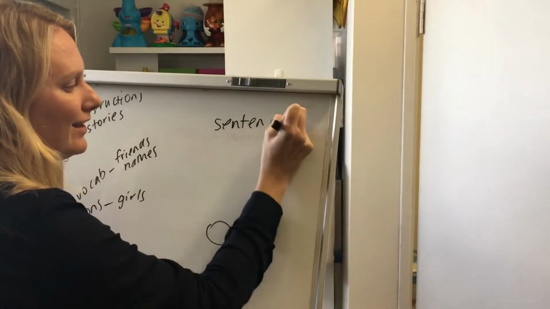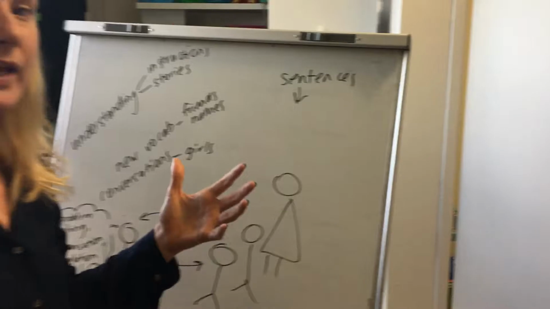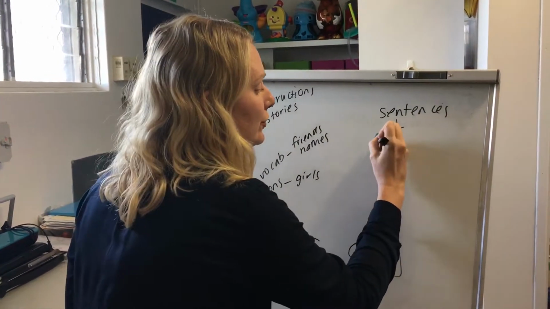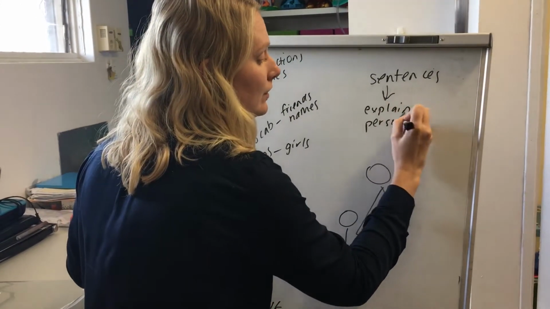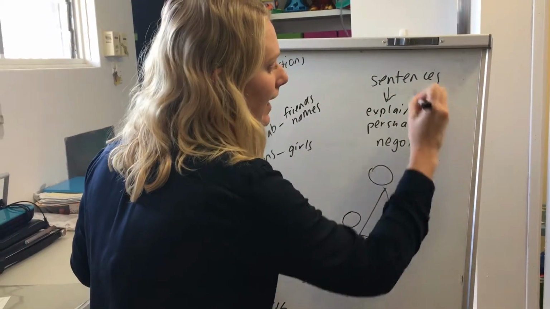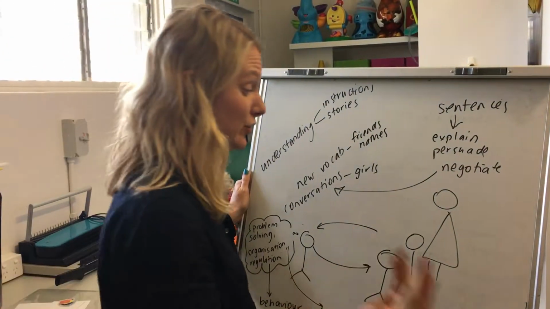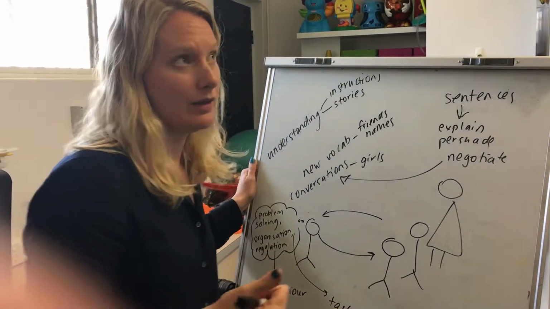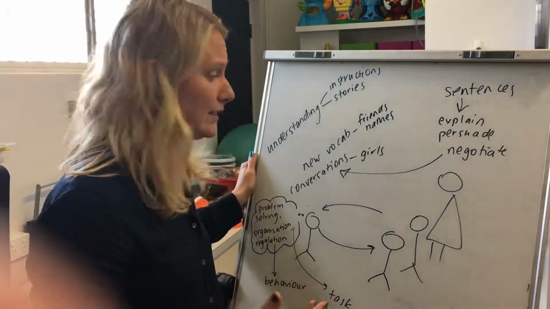And then using those sentences of increasing complexity and different length and different style of sentences and grammar to explain, to persuade, to negotiate. And all of these skills, again, are linking back in with, we need that in our conversations to be able to share our stories, explain our ideas, and do that in a way that's coherent, efficient, makes sense, gets the point across nice and quickly.